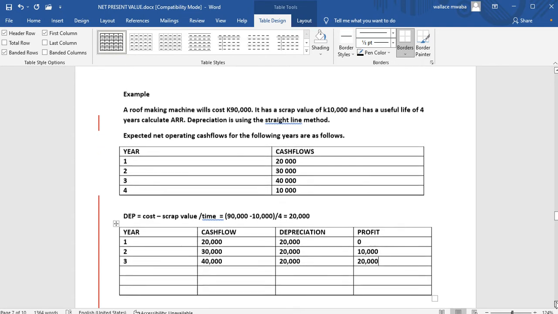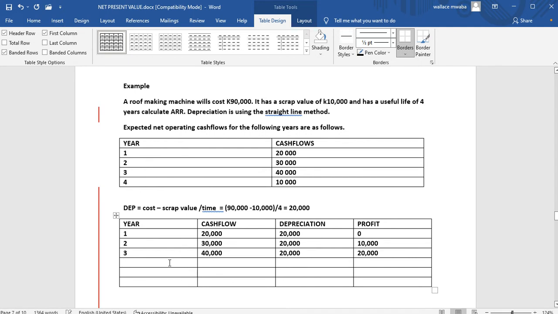At the end of year 4, we expect 10,000, and depreciation will be 20,000. 10,000 minus 20,000, so at the end of year 4, we're expecting a loss.